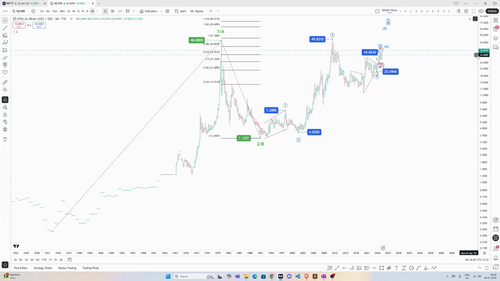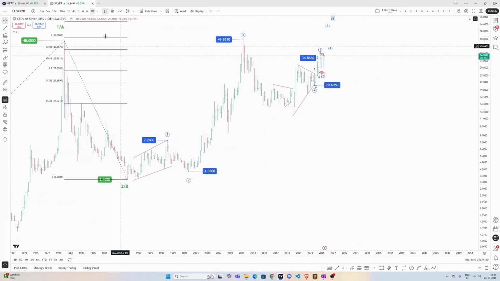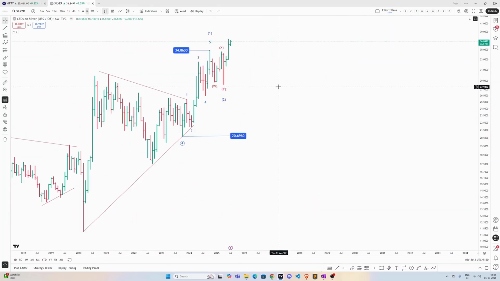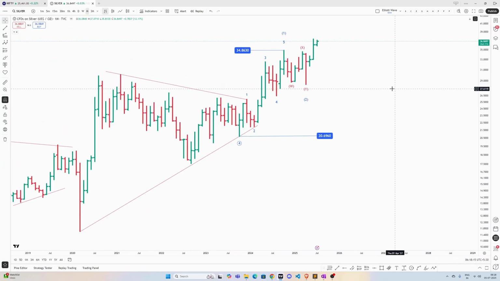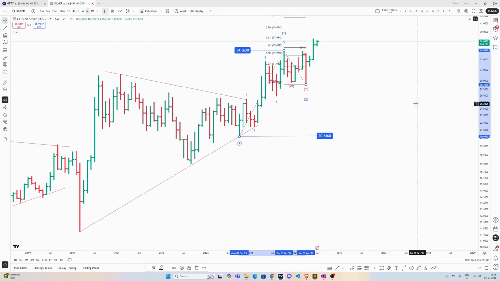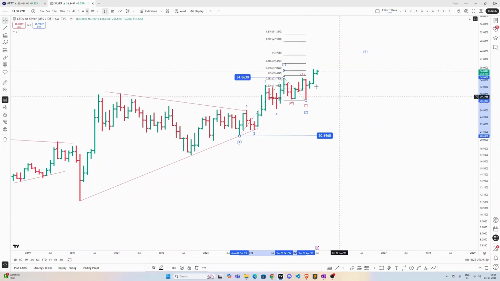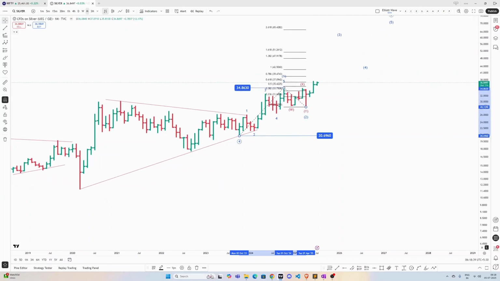at 36.84. Now if we go back to a smaller time frame to track it wave by wave, this is wave 1, and this wave 3 target based on equality comes at 42.5, and if this wave 3 extends to 1.618 times, let's say, then that would be 51.26.